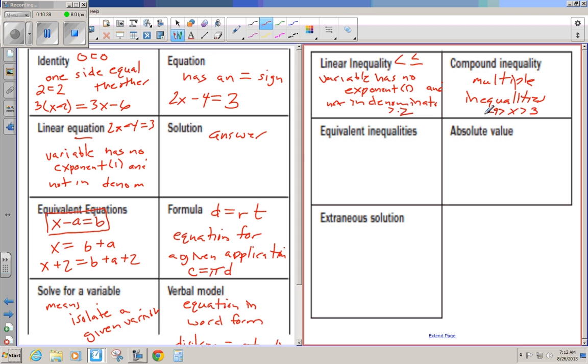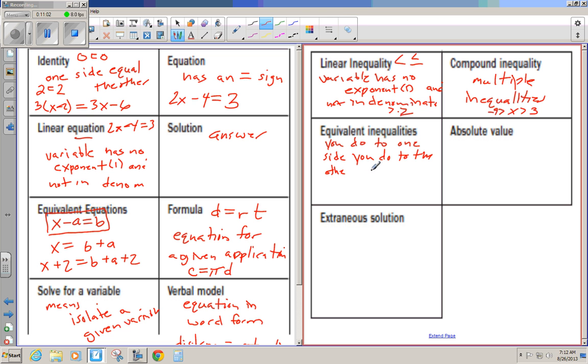So equivalent inequalities is very similar to equivalent equations. Basically, what you do to one side, you do to the other.